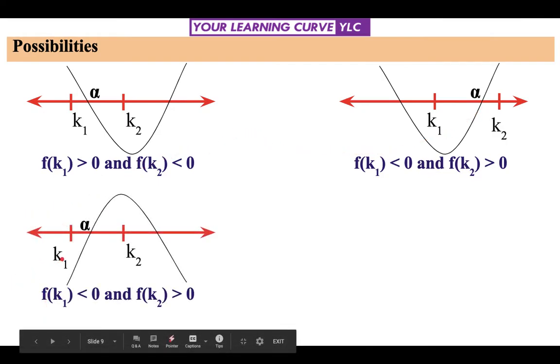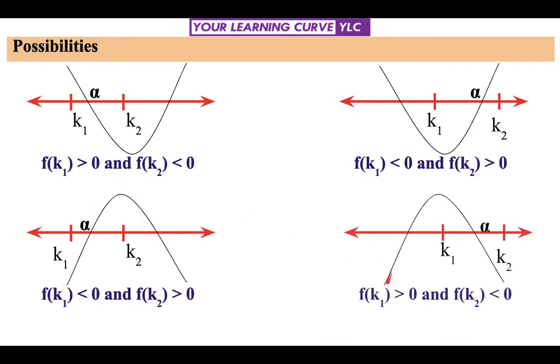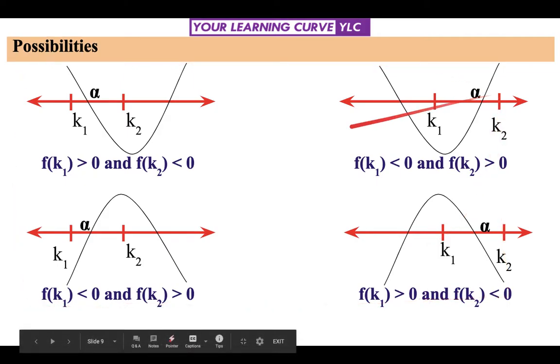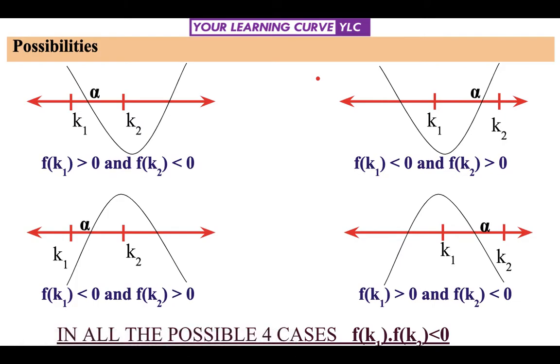Or if the parabola is downwards, then for one root to be between K1 and K2, the graph will be either this or this. So in all the four cases we observe that f of K1 and f of K2 are of opposite sign. That is, the product f of K1 into f of K2 is negative.